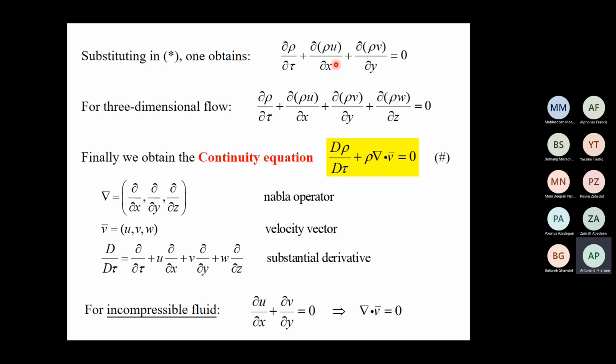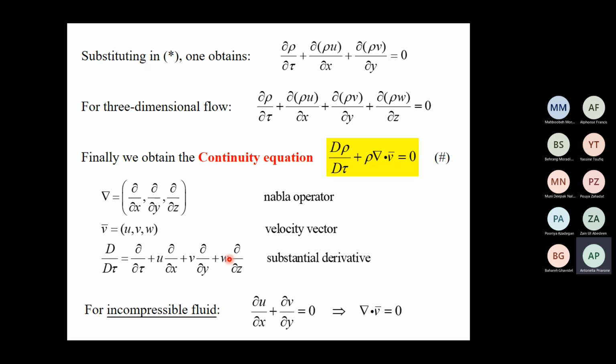So you can try, but it's very simple. You have to do the derivative, and you can recognize all the contributions here for the density. You will find derivative of rho in tau plus u derivative of rho in x plus v derivative of rho in y plus w derivative of rho in z.